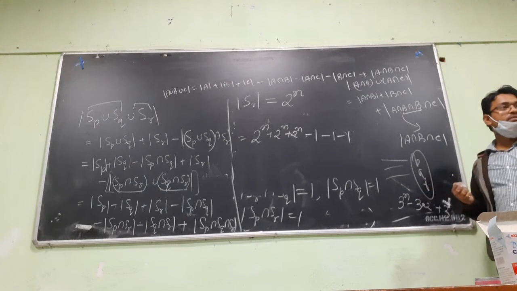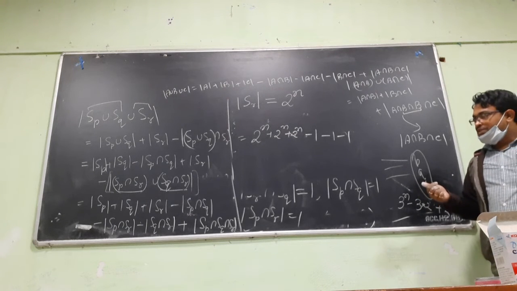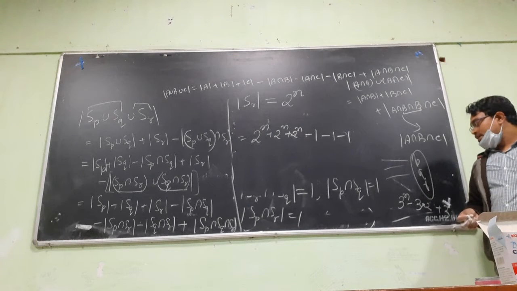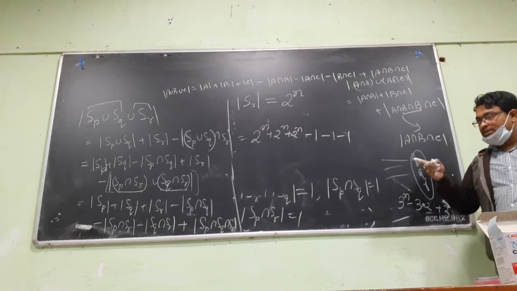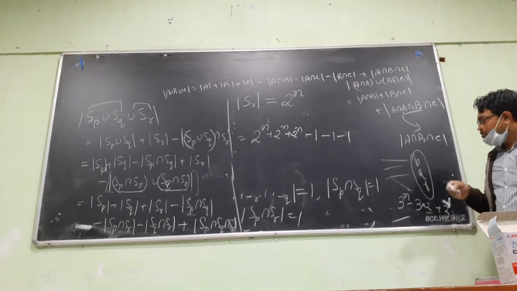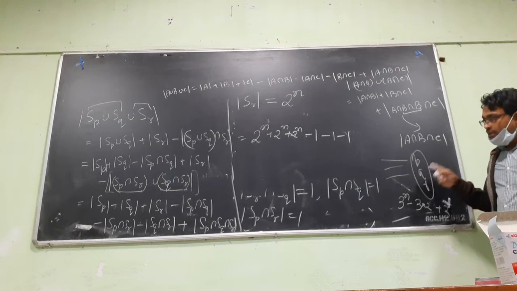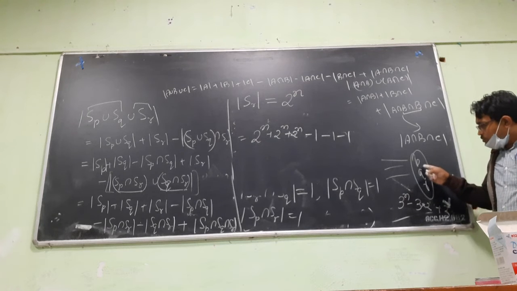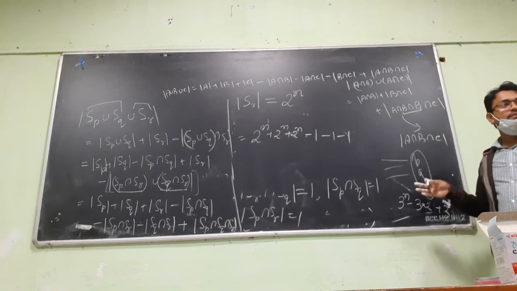Think. SP intersection SQ intersection SR. What should be there? SP is the functions which miss P, SQ is the functions which miss Q, SR means R is not there in the image. So the image may not contain any of these three elements.